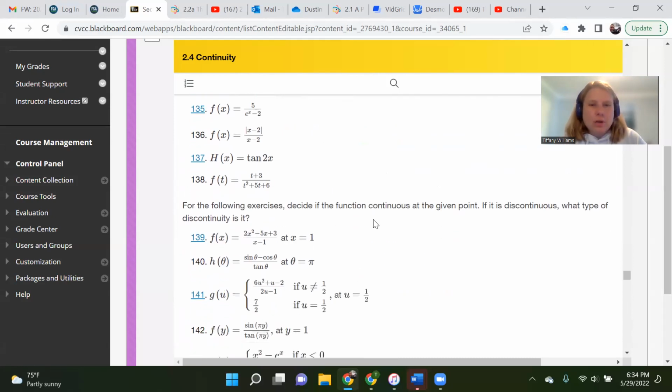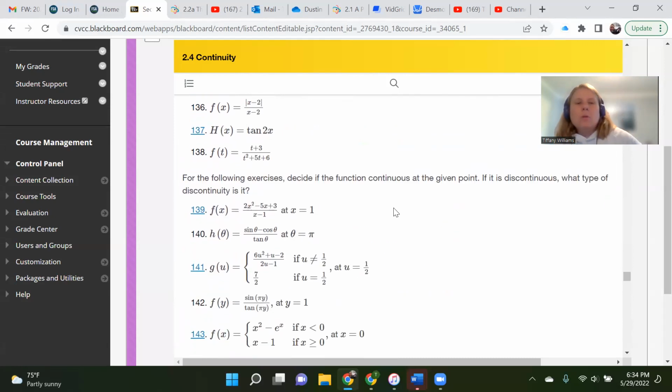Let's do number 139. On number 139, they ask us to decide if the function is continuous at the given point. If it is discontinuous, what type of discontinuity is it?